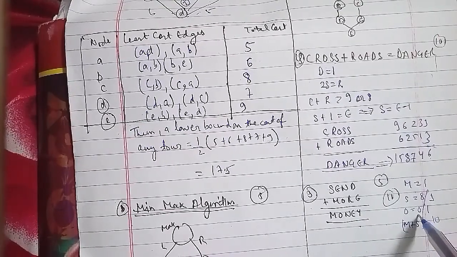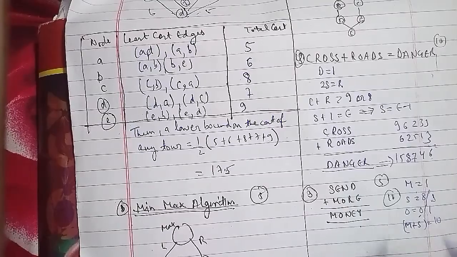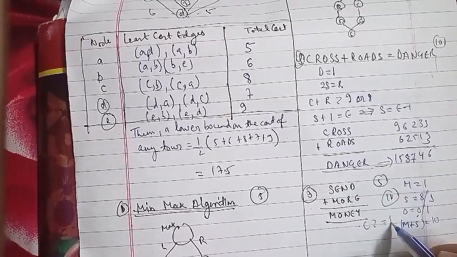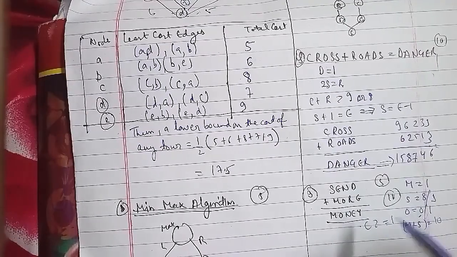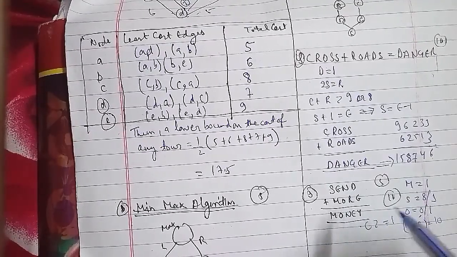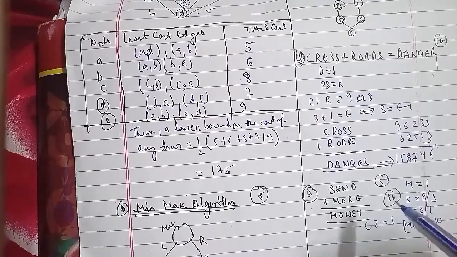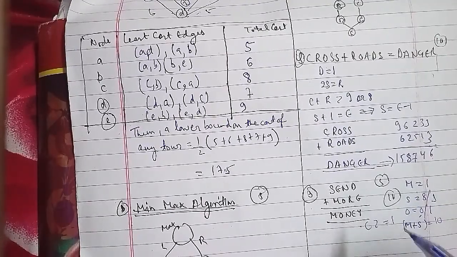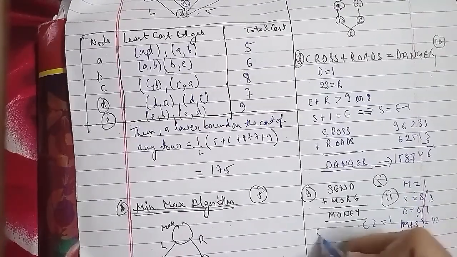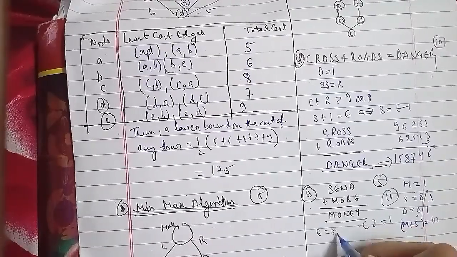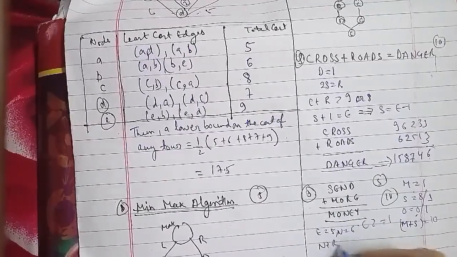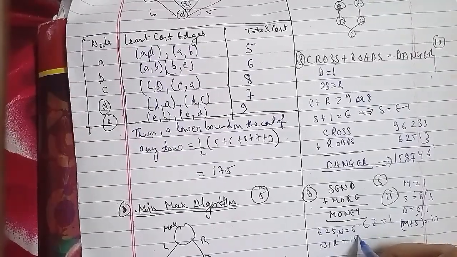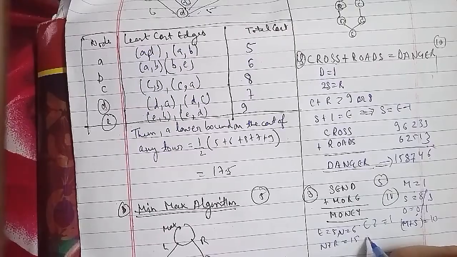If E equals 5, then N equals 6, and N plus R should be 15, so R should be 8 or 9. And D plus 5 should give Y. Again we do not know the value of C1, so we assume it.